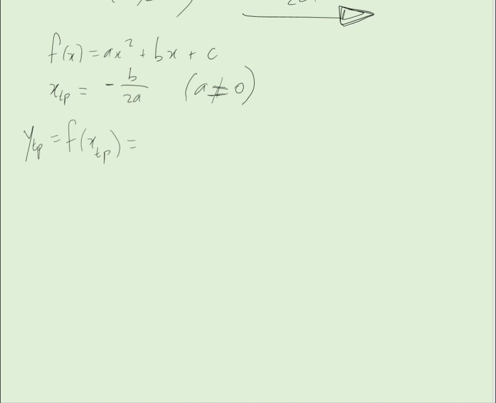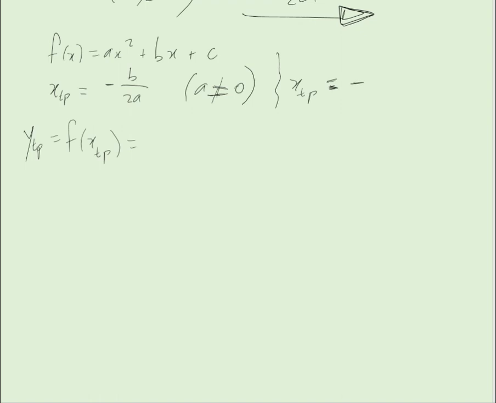So first of all, what is the x value here? Let me just do this. xtp for our example. Remember, our example was 2x squared plus x minus 3.